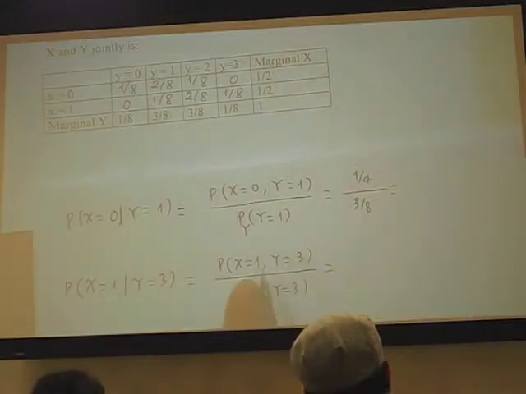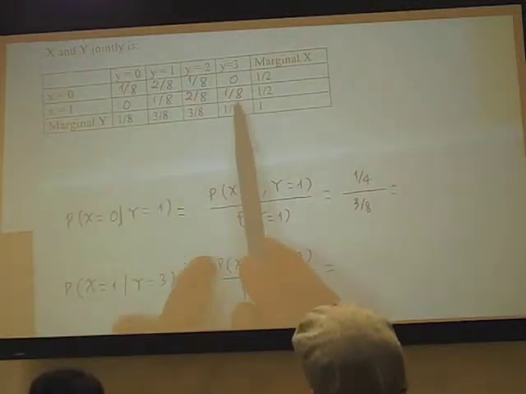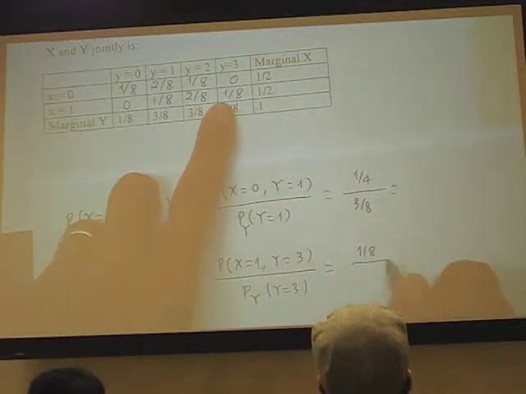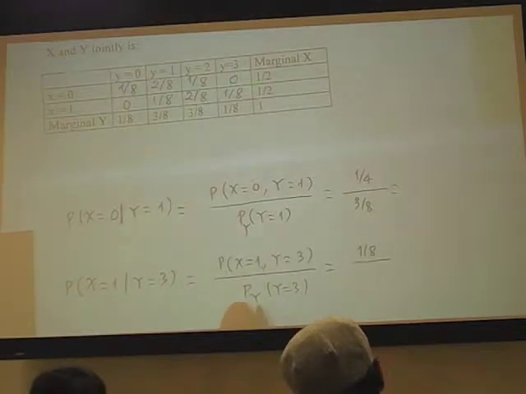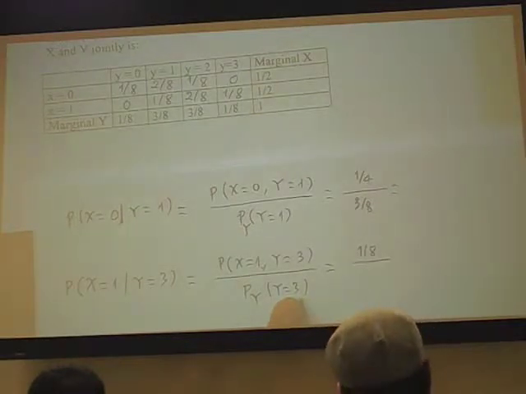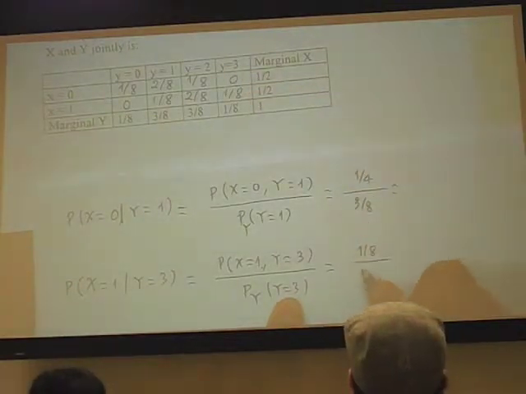Well, now you know what it is. Probability of x equal to 1, y equal to 3 is what? 1/8, right? Divided by the marginal probability of y. What do I mean by that? Keep y equal to 3 right here and then you sum over x. Correct? What is that? Y equal to 3 sum over x, that's 1/8.